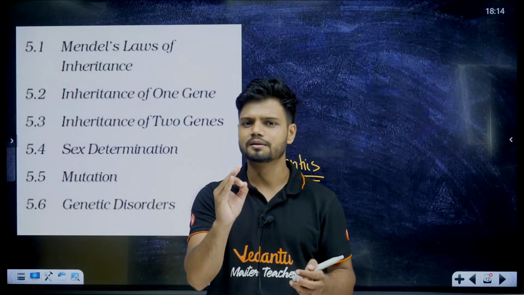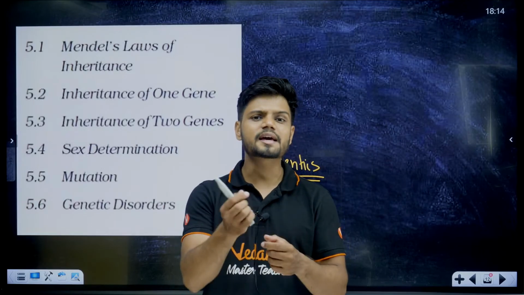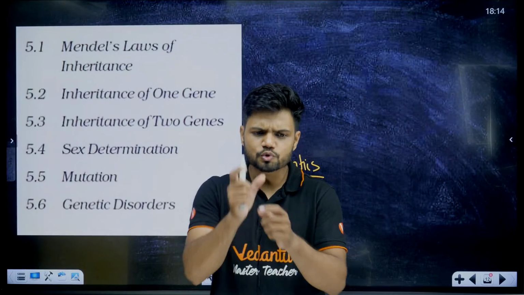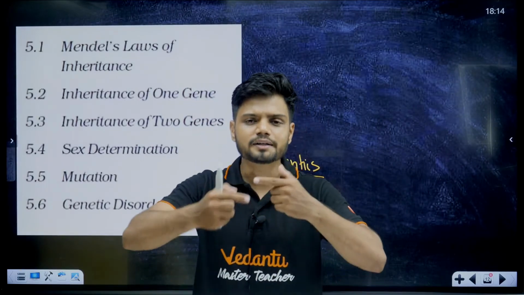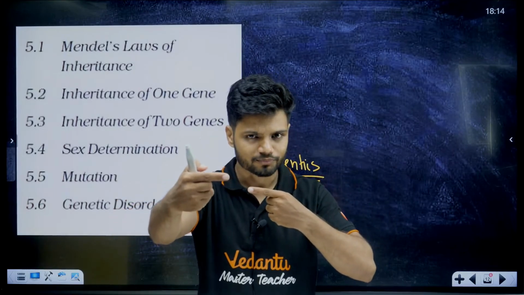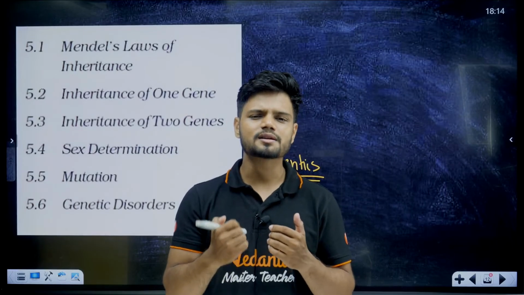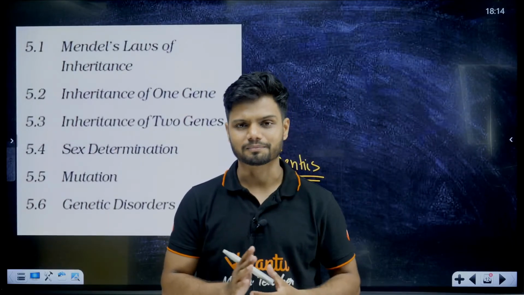But students, humans, cats and dogs, are they sexually reproducing? Yes, they are. So listen to me very carefully now. In organisms which undergo sexual reproduction, sometimes or most of the time some changes will happen.